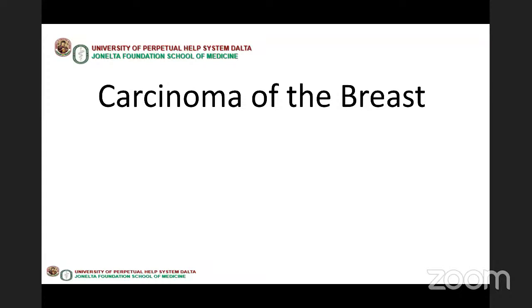So, we have risk factors of developing breast cancer.